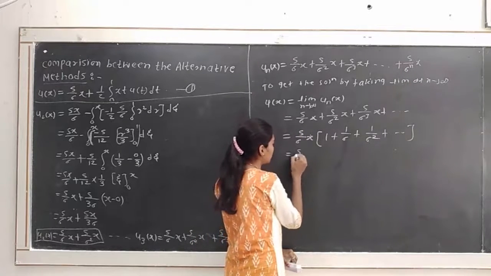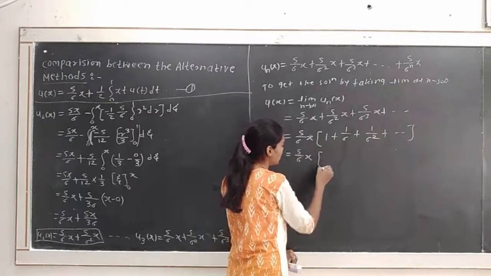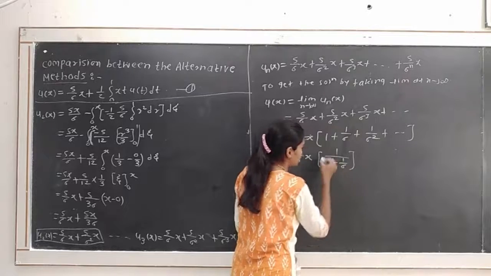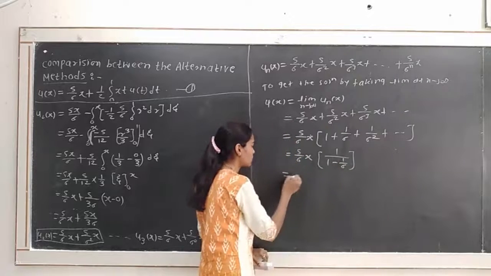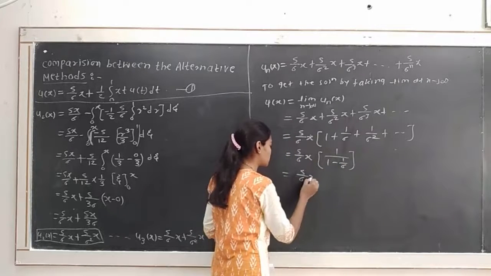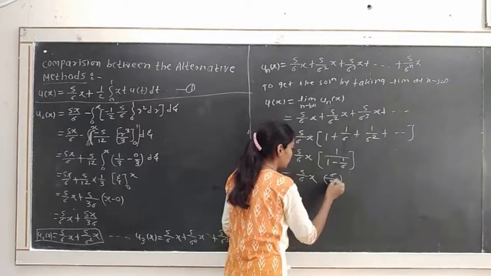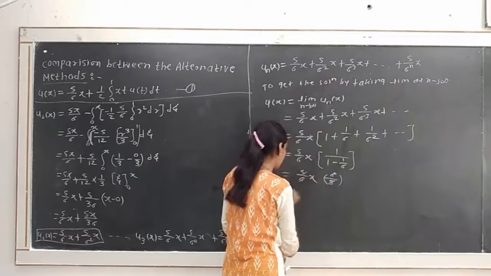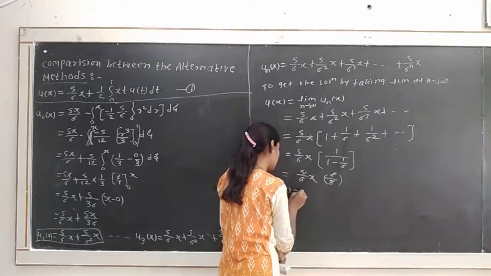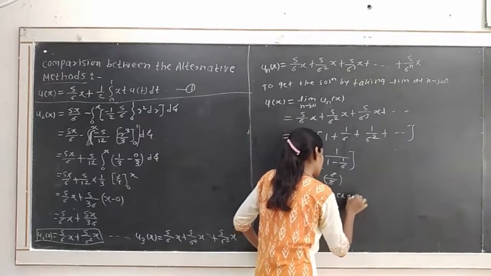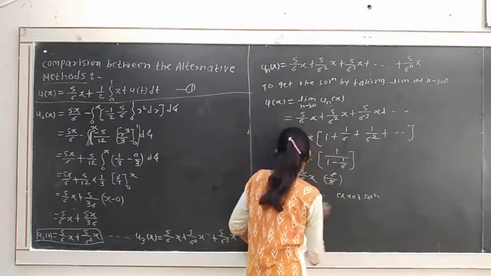So we get 5 divided by 6 into x, and here 1 divided by 1 minus 1 by 6 by using the expansion. Simplifying this, we get 6 divided by 5, that is, u of x is equal to x, which is the exact solution of the given integral equation.